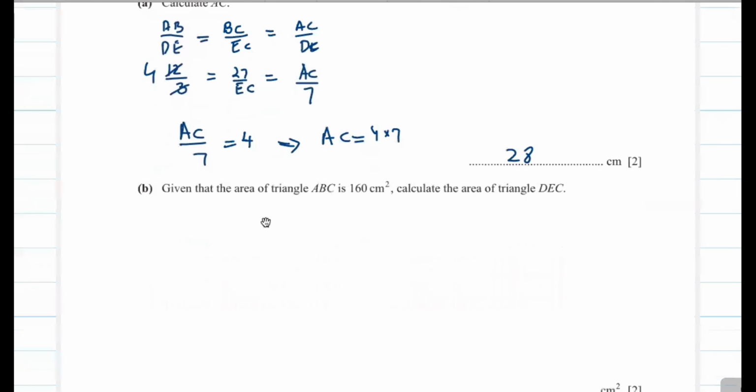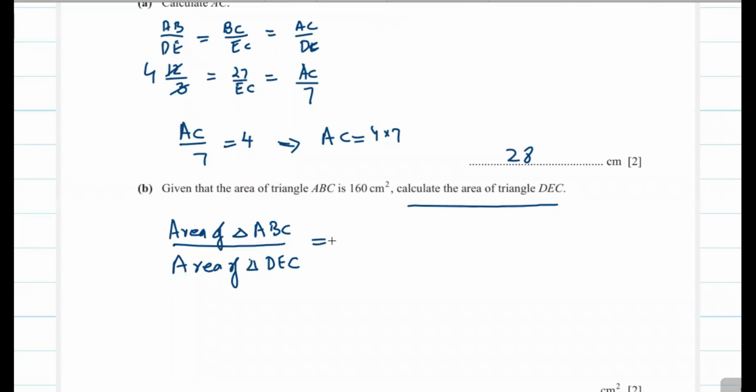The next is, given that the area of triangle ABC is 160 centimeters squared, calculate the area of triangle DEC. Now, the two triangles ABC and DEC are similar. Therefore, the area of triangle ABC over the area of triangle DEC will be equal to the square of the corresponding lengths of these two triangles, L1 over L2 squared.